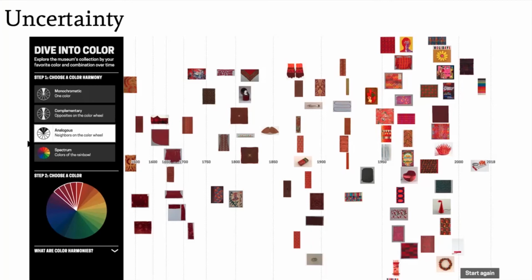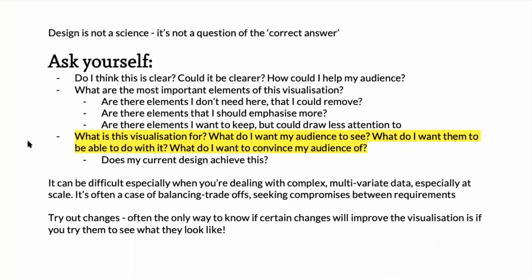As I said earlier, design is not a science. It's often not a question of there being one correct answer. There can be a whole array of different approaches that have their own strengths and weaknesses. But I think there is a set of questions that it's very useful to bear in mind and to be asking yourself when you're creating visualizations. Do I think this is clear? Could it be clearer?